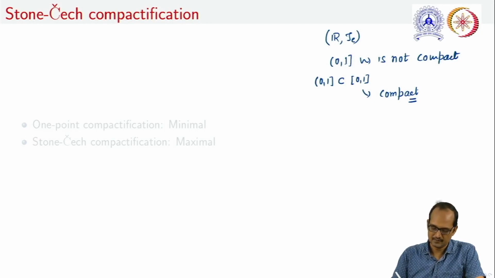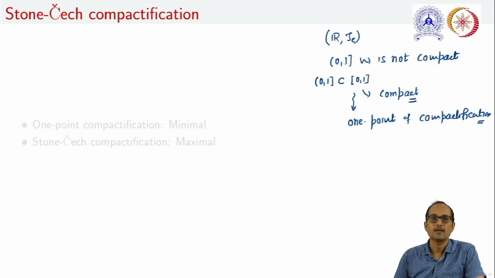It means that there exists a compact set containing this semi-open interval, which is not compact itself. Specifically, we have seen that the closed interval [0, 1] is precisely the one-point compactification of this semi-open interval [0, 1).